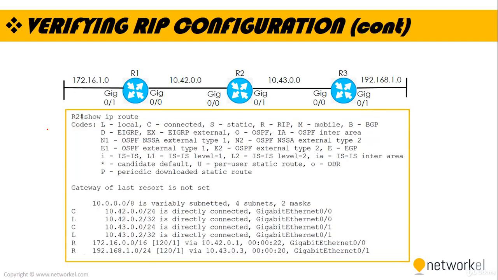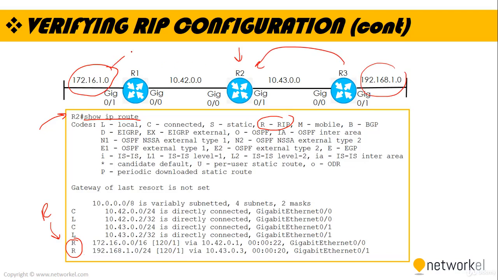Okay, and if we were to check router 2's IP routing table by using the show ip route command, we can see the R keywords in here as well, which is RIP. And router 2 is learning this network and this network from these guys.